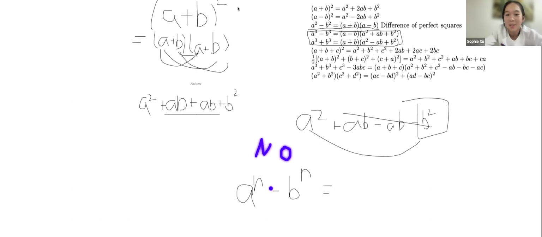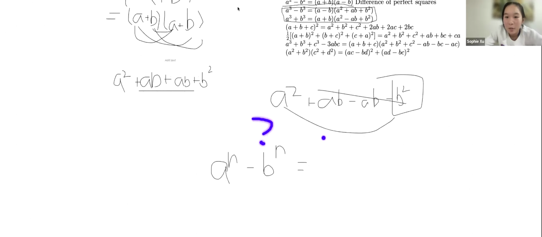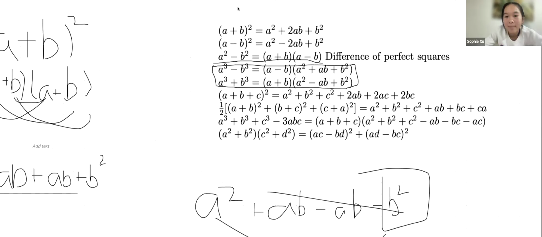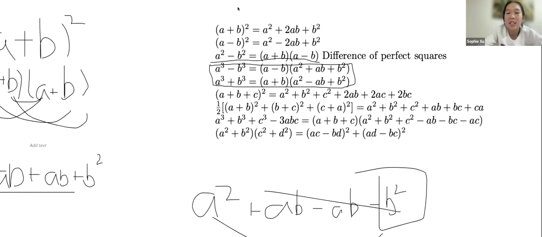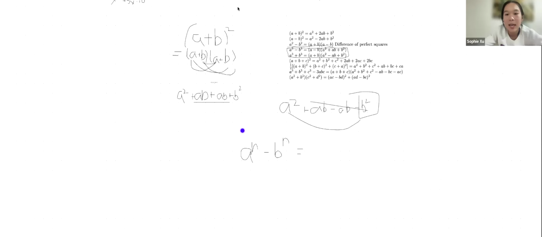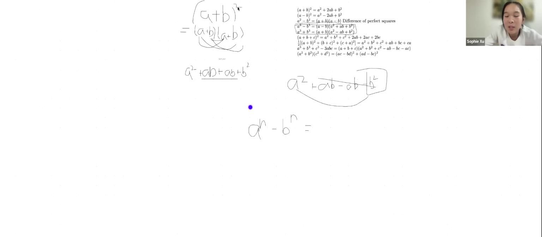Anyone? Okay, what if I tell you what a to the power of 4 minus b to the power of 4 is? I'll tell you that, and then someone can take a guess what a to the power of n minus b to the power of n is.